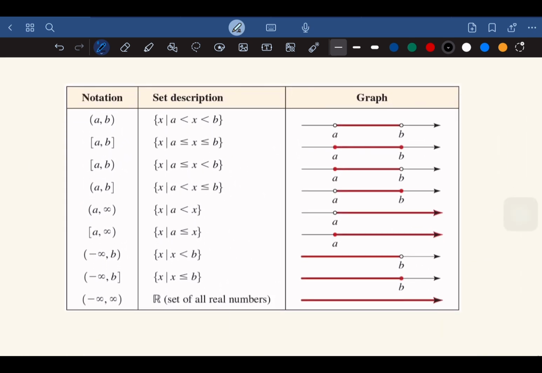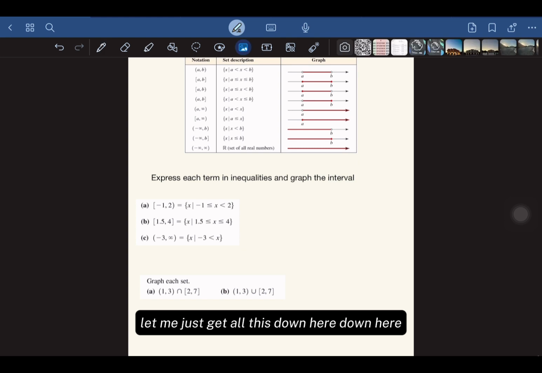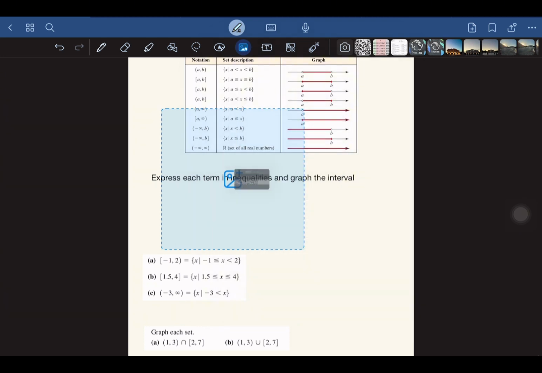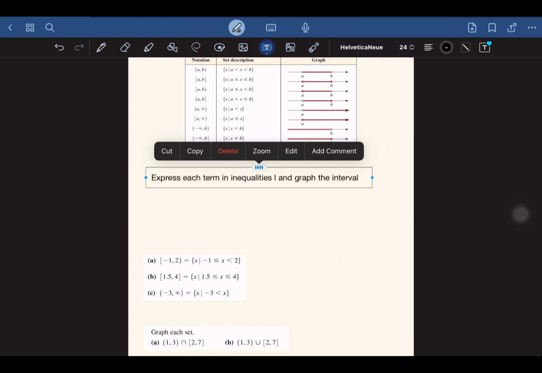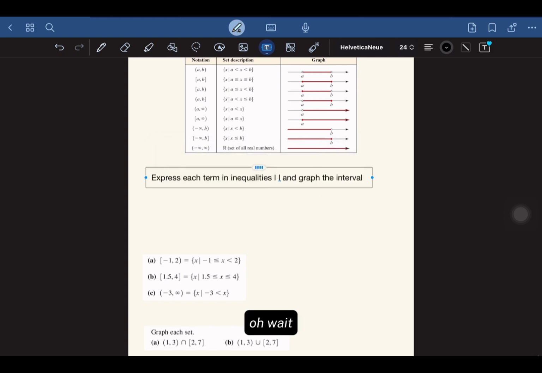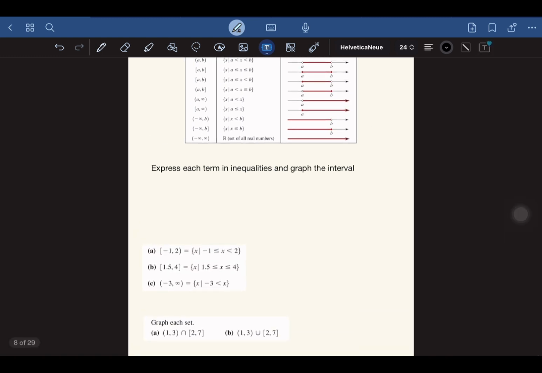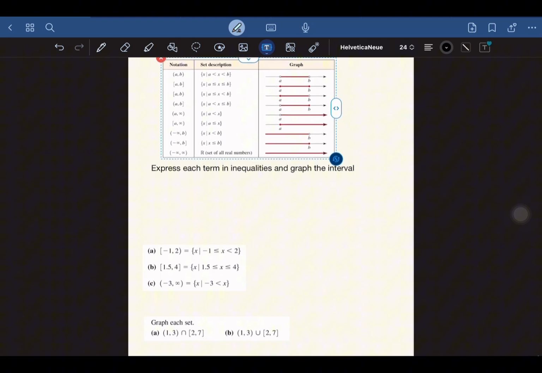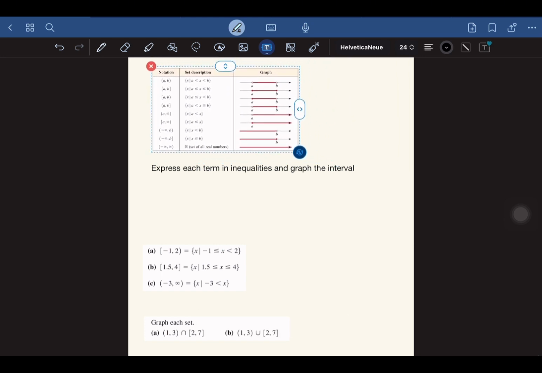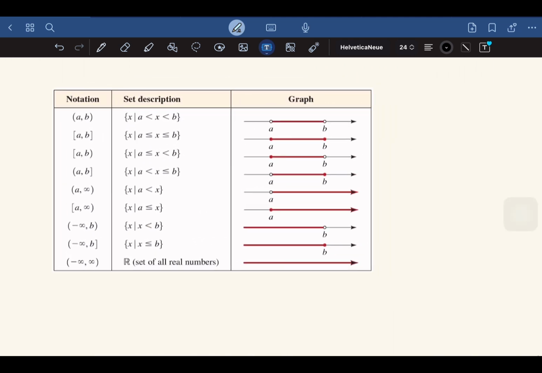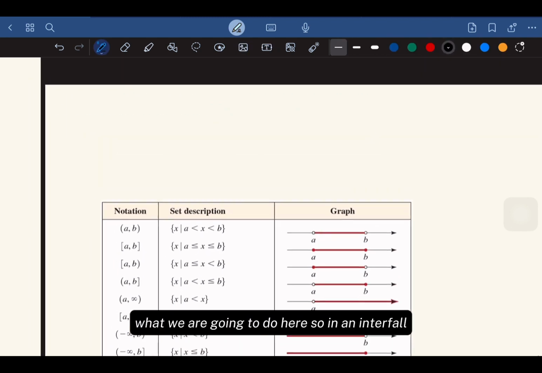Let me make it a little bit small. Let me explain a little bit what we are going to do here.